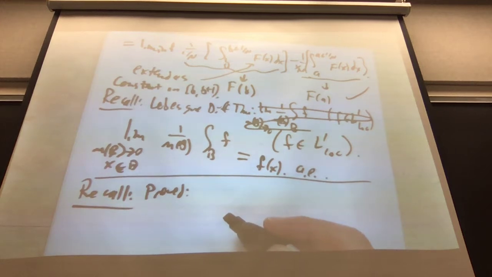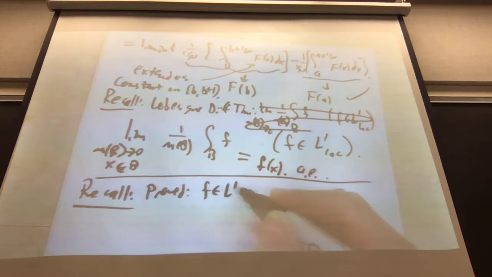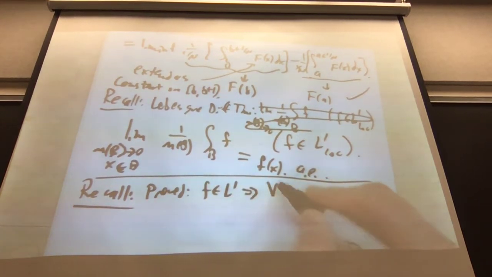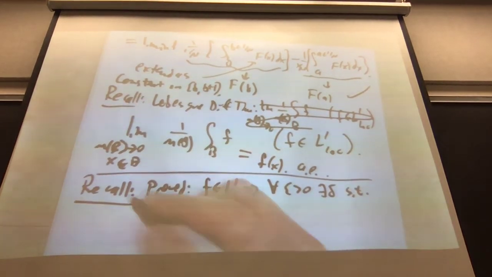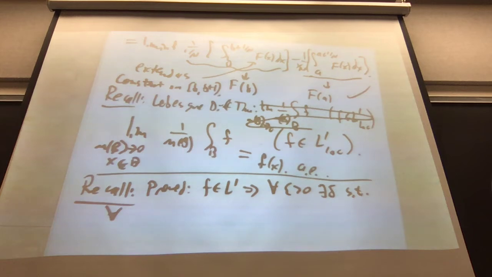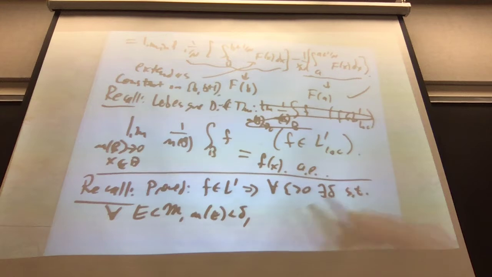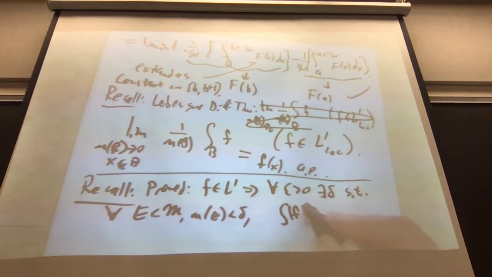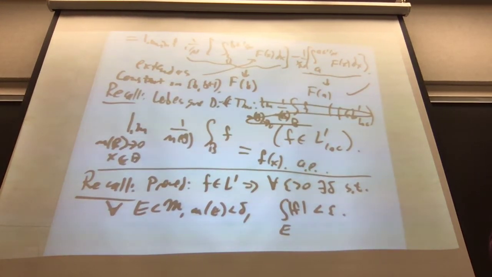There's a one-dimensional version, but actually what we proved is that if f is in L1, then for all epsilon, there exists a delta such that for all measurable sets E with measure less than delta, the integral of the absolute value of f over E will be less than epsilon. And this was the absolute continuity of the integral.